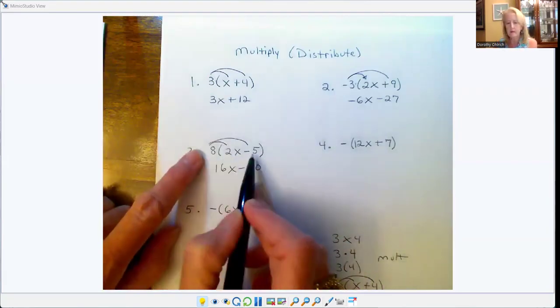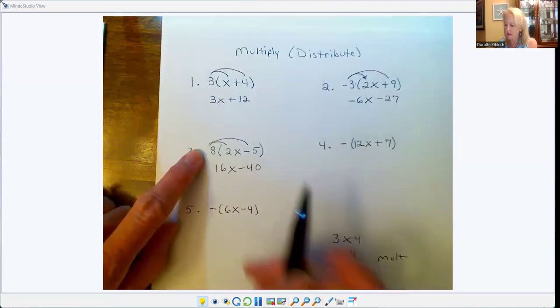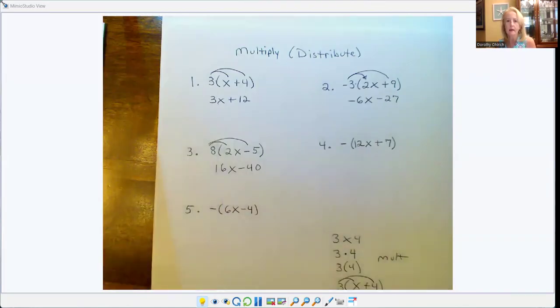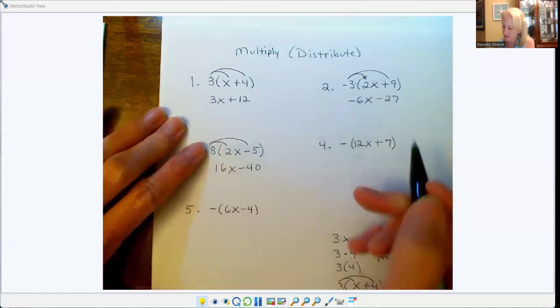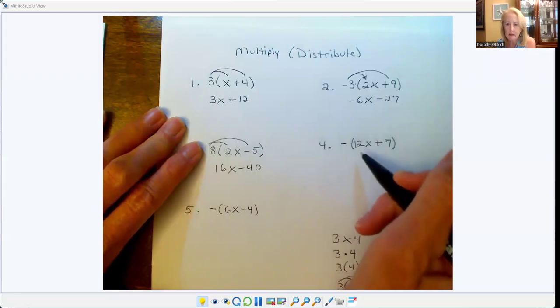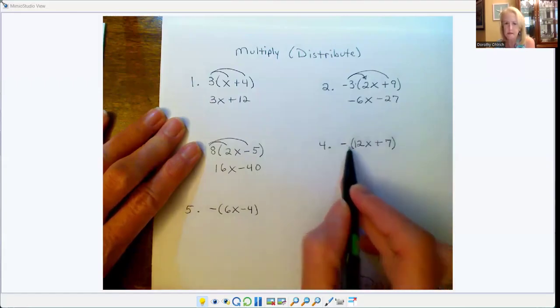So this is the time that most people will have a mistake. If they do make a mistake, they might say 8 minus 5 because it's just so easy to look at that. But remember, it's multiplying when it's outside the parentheses. This negative is like a -1. Remember what we did? I'm not sure which video you might have seen before, but when we're adding and subtracting polynomials, we had a subtraction sign.